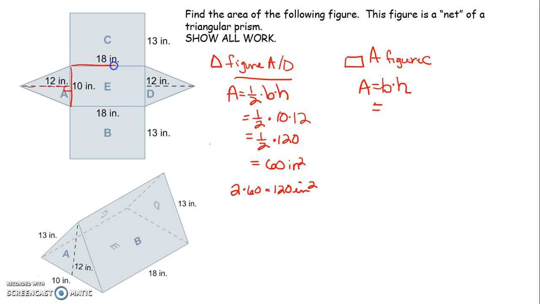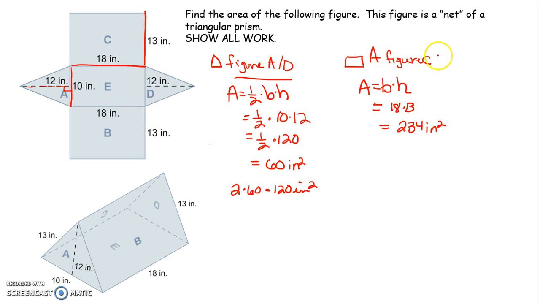Well, it looks like the base of figure C is 18, and it looks like the height is 13. So 18 times 13, let's go ahead and find that. 18 times 13 is 234 square inches.